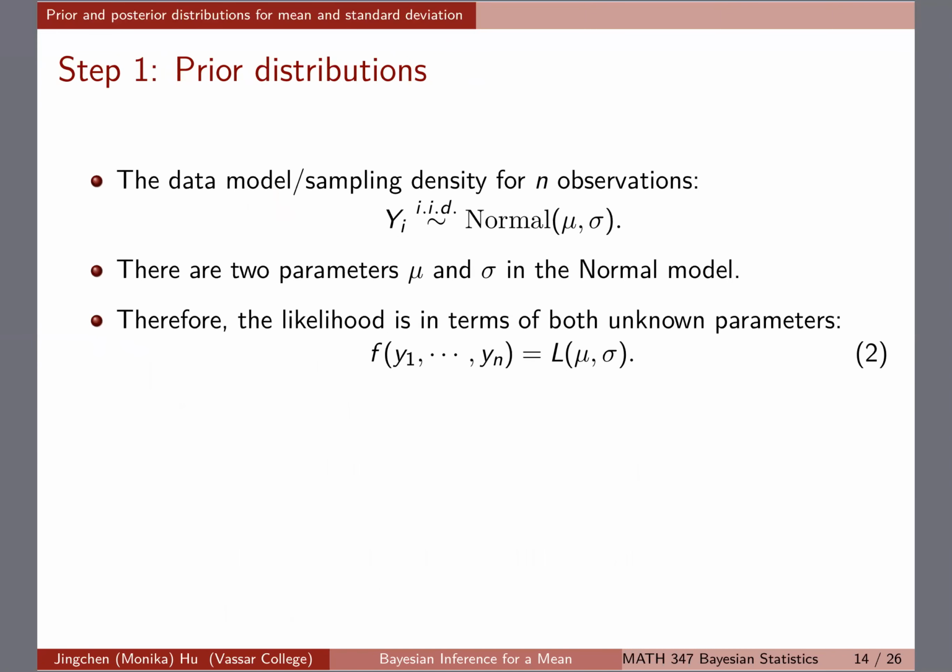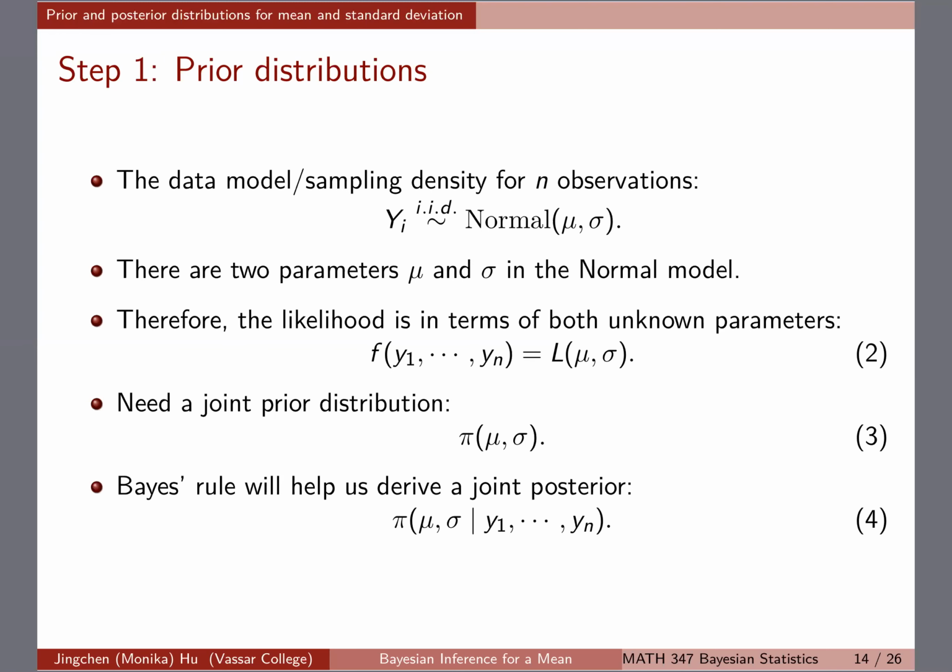All right, for the prior distribution, before fixing one and letting the other be unknown, when you have two unknown parameters, we can write the likelihood in terms of the two unknown parameters. This is the basic setup. You always try to use the capital L and put the unknown parameters in it. If both of them are unknown, then naturally you might think we will need a joint prior distribution.